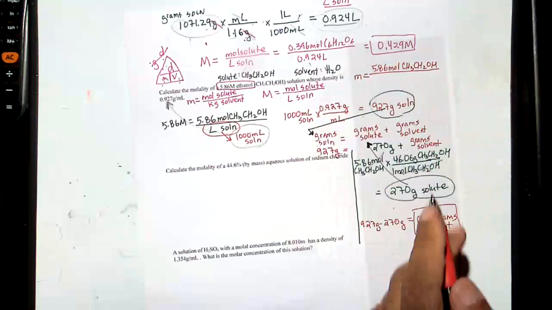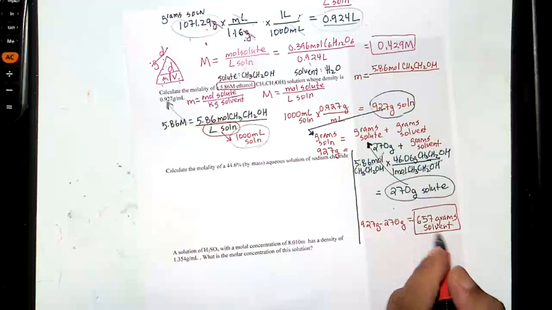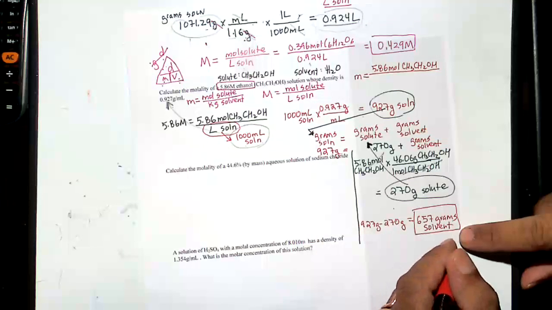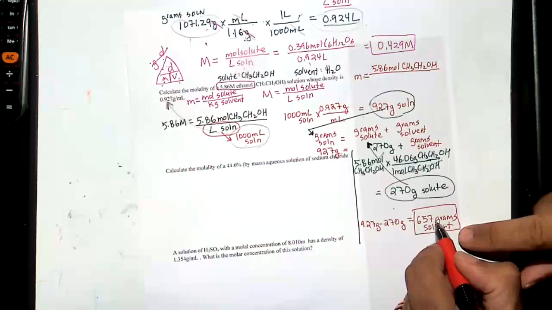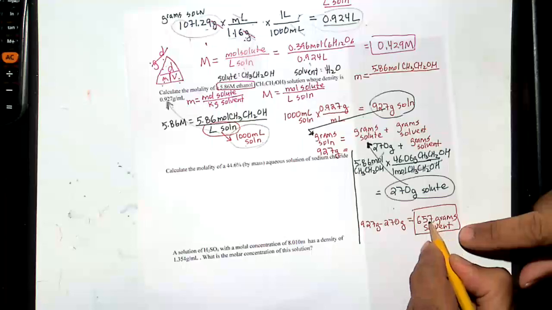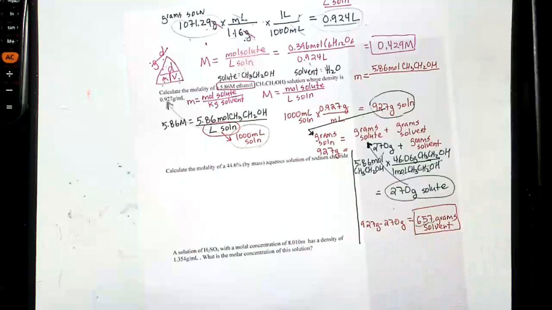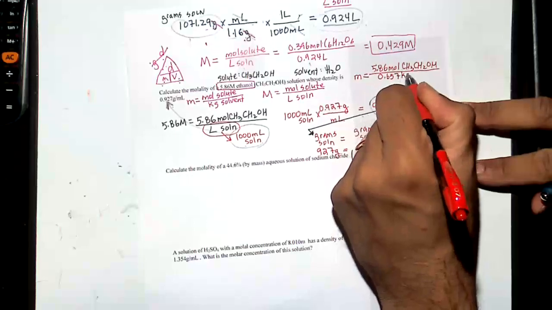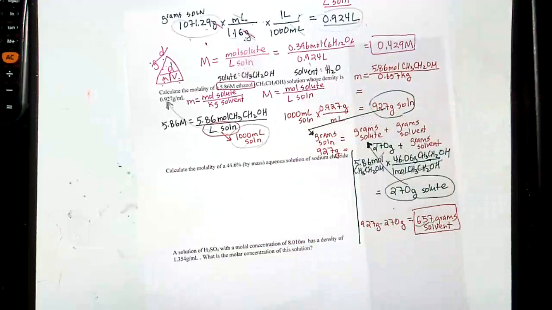What is our kilogram of solvent, which is usually going to be water? This is grams. To convert it to kilograms, we just move it 3 to the left: 1, 2, 3. So divided by 0.657 kilograms. And this is what our answer will be.